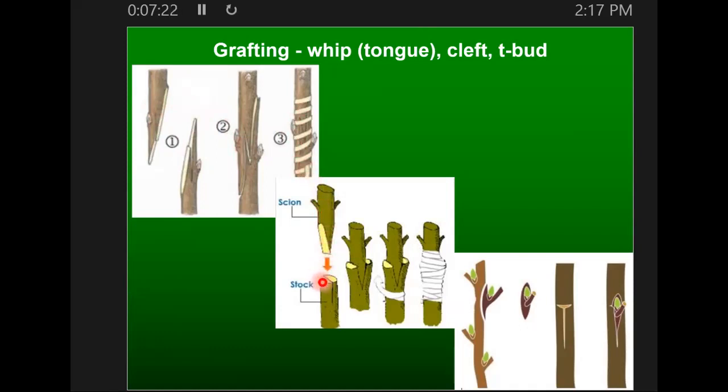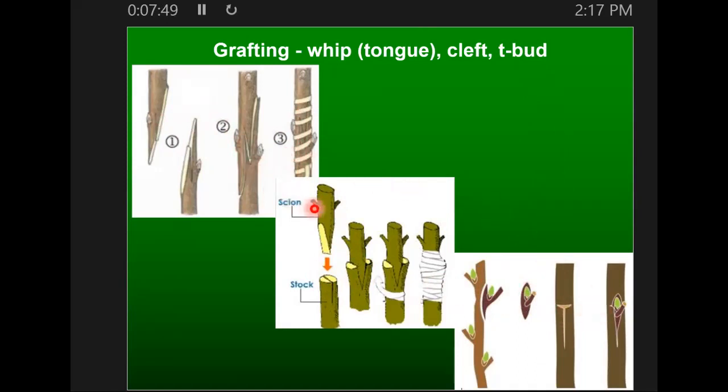The cleft, you just put a cleft cut into the stalk, and then you slip the scion in and wrap it. And then the T-bud, you actually cut a T shape into the rootstock. They call it T-budding because you just use a bud from the stem, like an axillary bud region, and you slip it into the T-cut that you make on the rootstock.